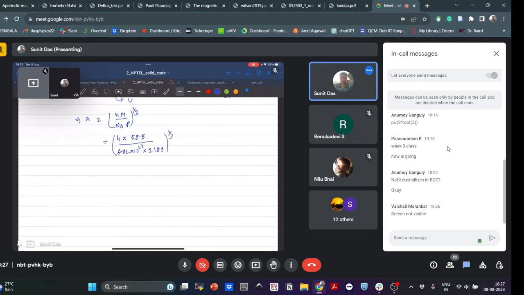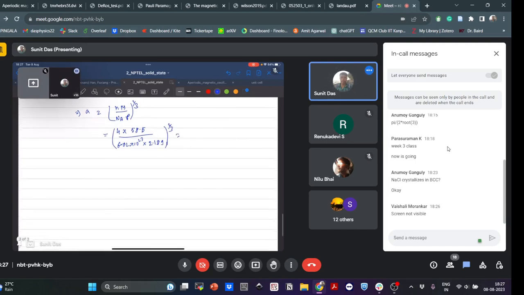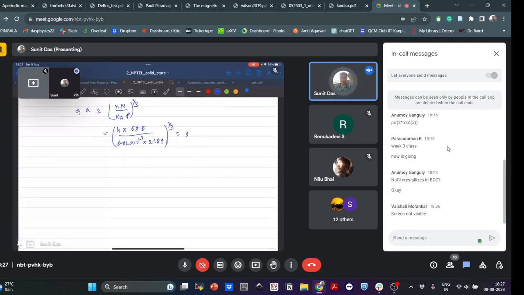So if we find this, this will be around 5.61 into 10 to the power minus 10 meter, which is 5.61 angstrom.